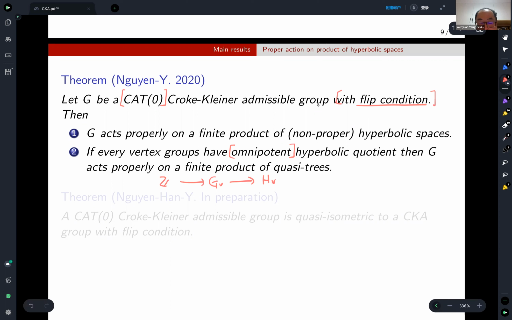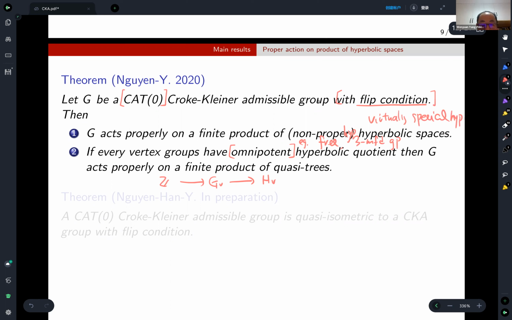Omnipotence, a notion introduced by Daniel Wise, includes, for instance, free groups, hyperbolic three-manifold groups, or more generally virtually special hyperbolic groups.